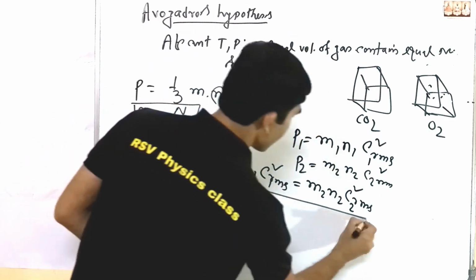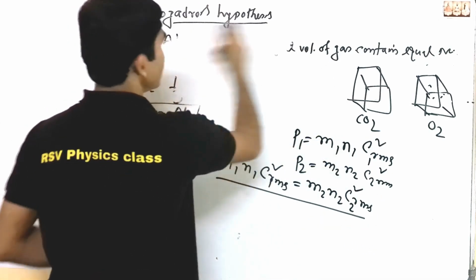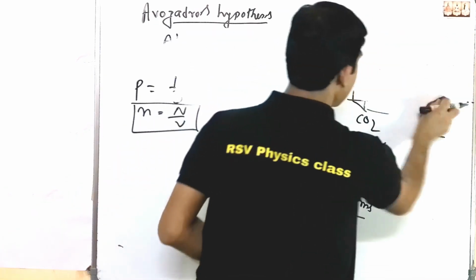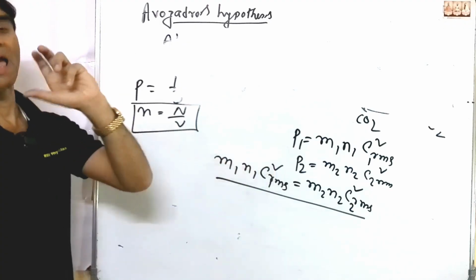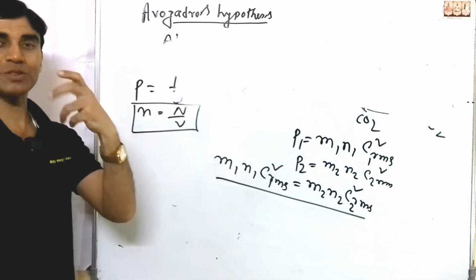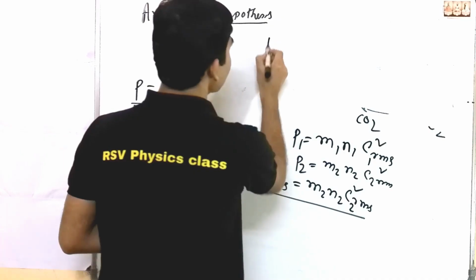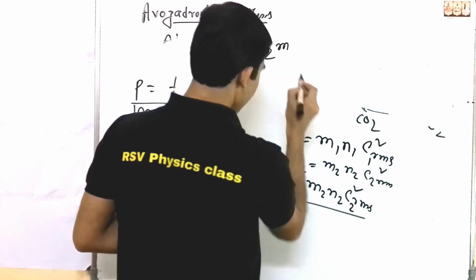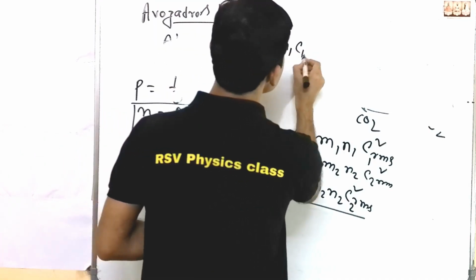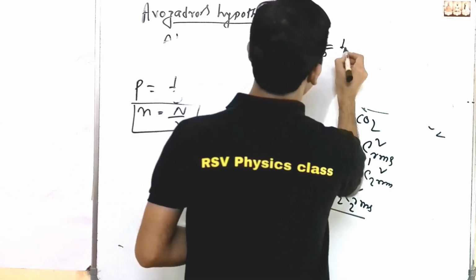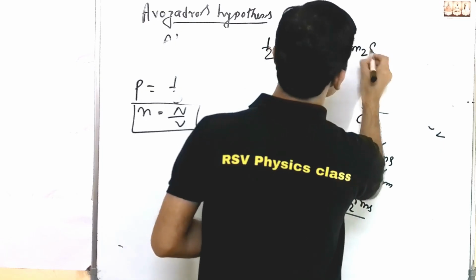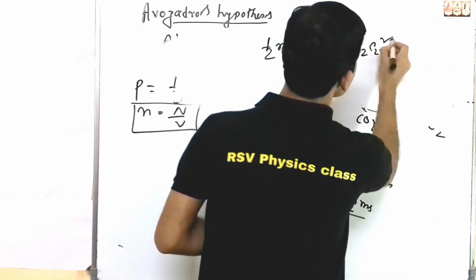Okay, this one. Now if both containers are at the same temperature, means average kinetic energy of the gas molecules are same. So I can write half m1 c1 rms square equal to half m2 c2 rms square.